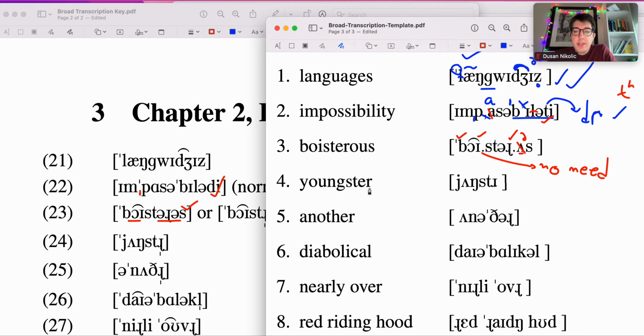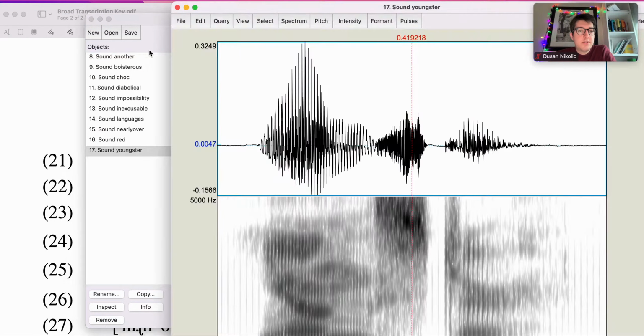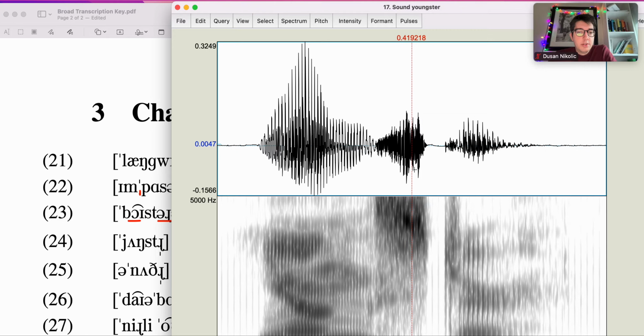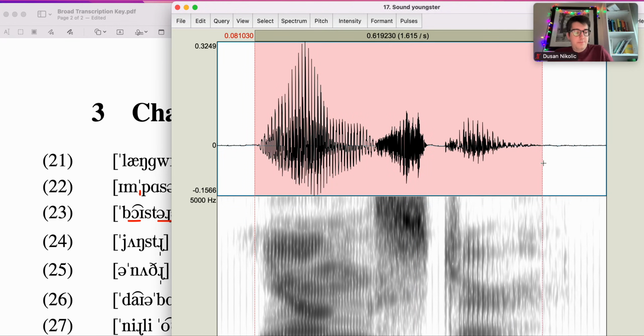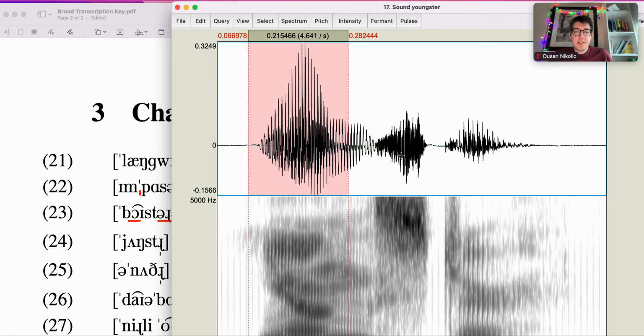All right, now we can check out youngster. Let's see how they produced it. Where is it? Youngster. Interesting. Youngster. There is a little bit of g, but not enough.